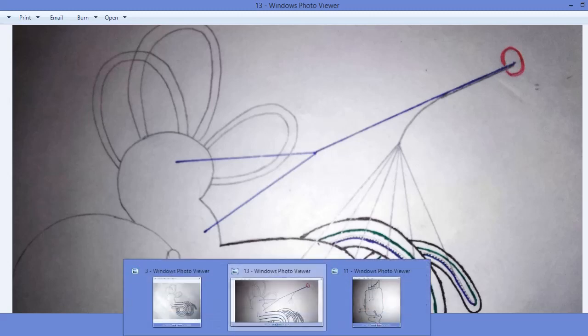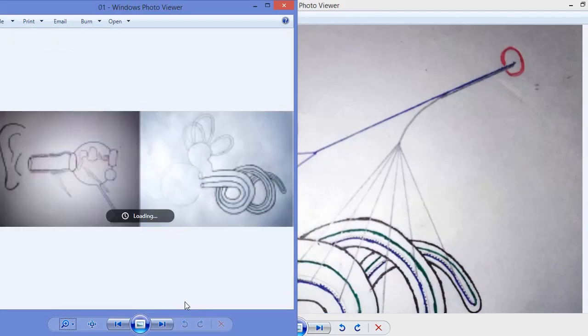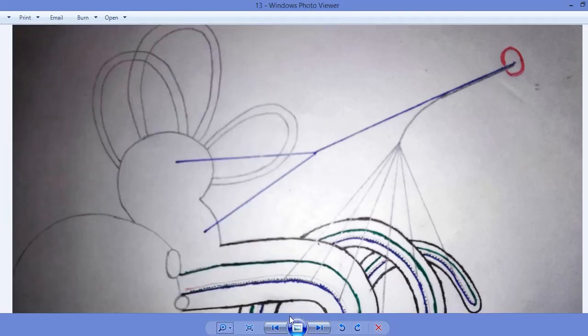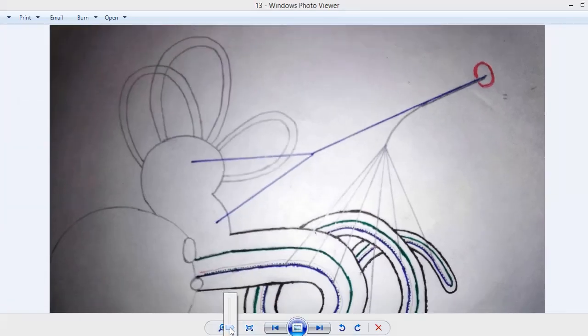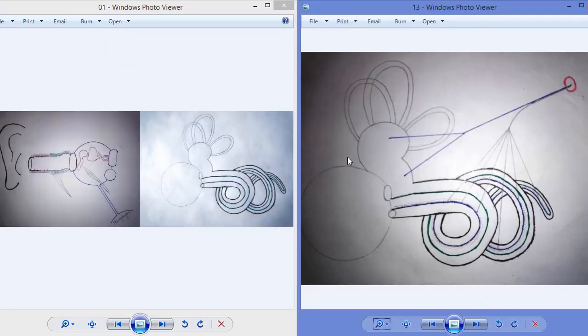As I have told you earlier, in this diagram you can see that this is the external acoustic meatus, while this is the internal acoustic meatus. What is the difference between the external acoustic meatus and the internal acoustic meatus?